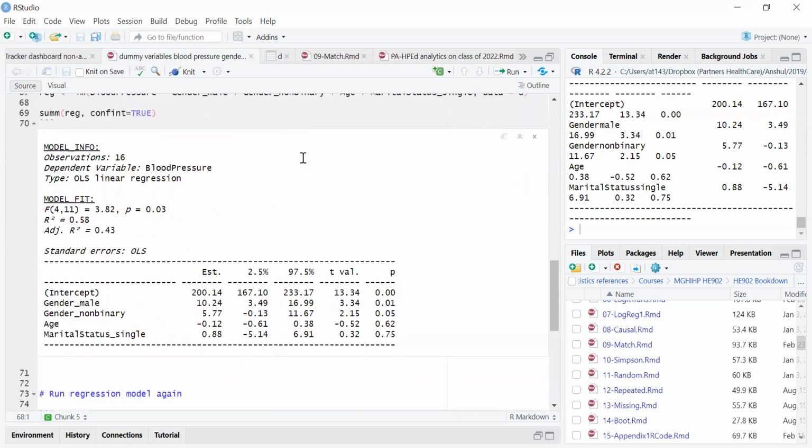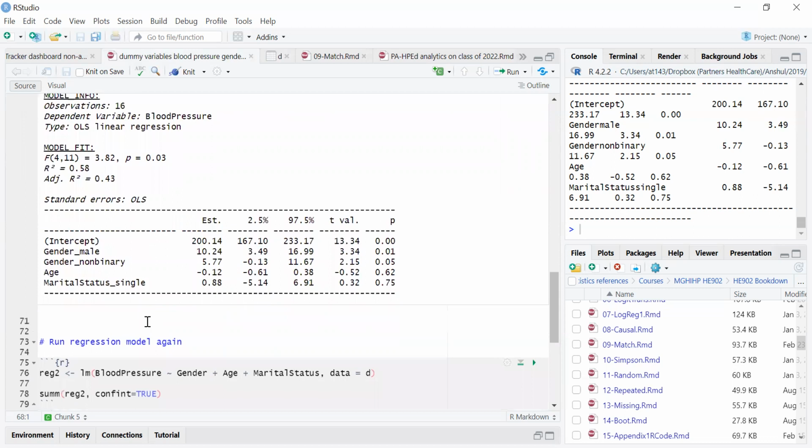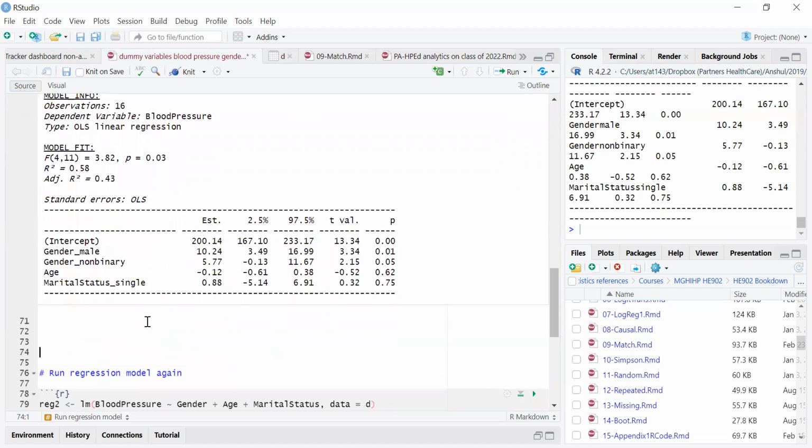Okay, now let's turn to the interpretation of these results, because we have this nice table, but what does it all mean? So we're going to start off by writing the equation for this regression result. Our dependent variable was blood pressure. And I'm going to put these dollar signs in to write an equation, totally optional.